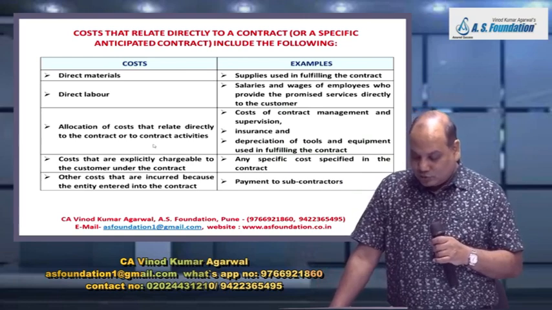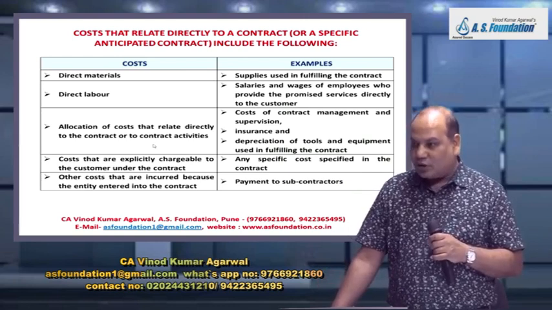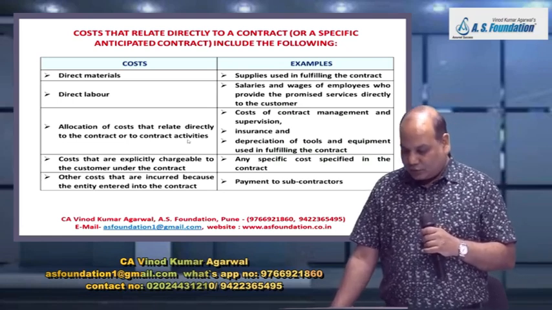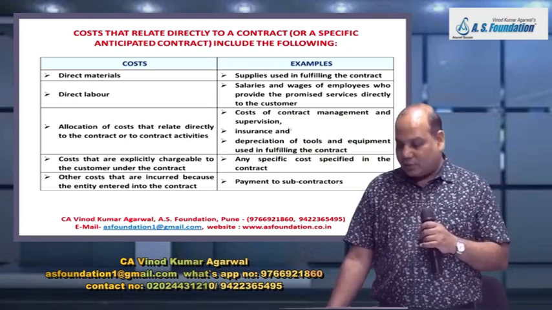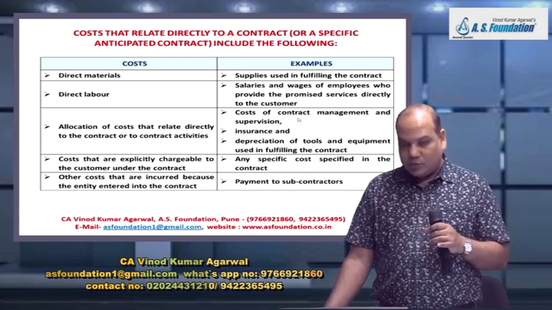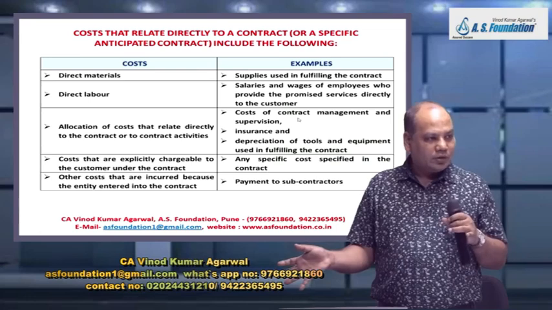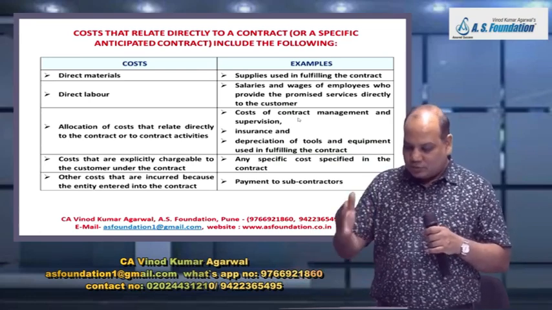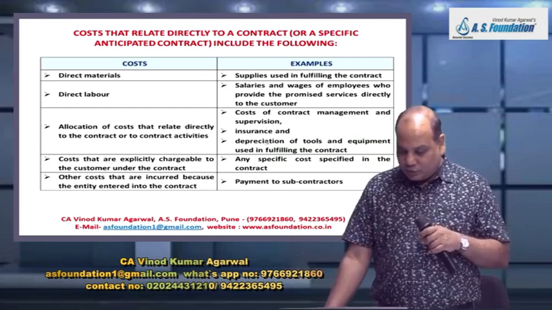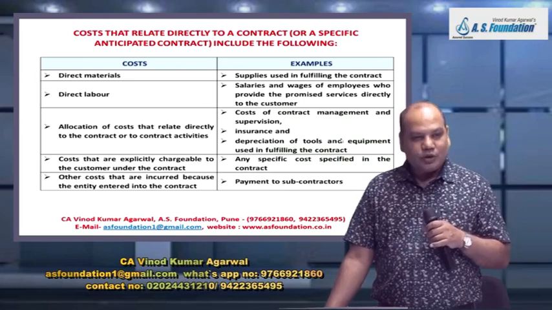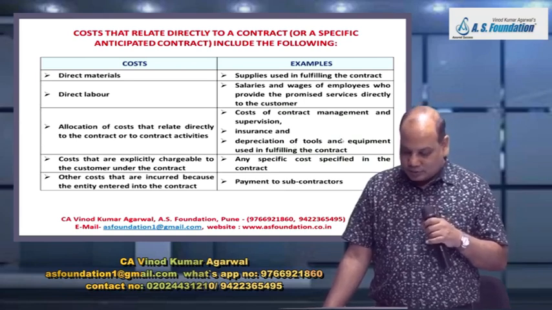Then some costs which can be allocated to the contract or to contract activities, for example, cost of contract management and supervision. Because this cost may be incurred for more than one contract, but ultimately incurred for contract activity only. Allocate it if you can allocate it. Insurance, then depreciation of tools and equipment used in fulfilling the contract.